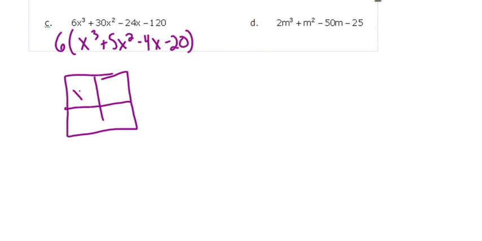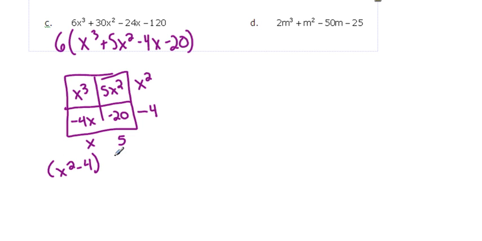So I have x to the third, 5x squared, negative 4x, and negative 20. Horizontally, I can take out an x squared and a negative 4. Vertically, I can take out an x and a 5. So I have x squared minus 4, x plus 5, and I have that 6 that I took out.